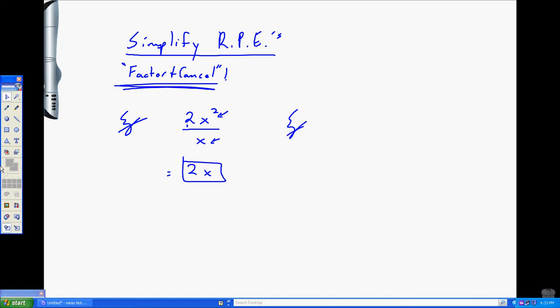Well, let's get a little bit crazy here. Let's go with 3x plus 3 all over 3. If we think we're simplifying rational polynomial expressions, and that really means to factor and cancel, I'm going to GCF, greatest common factor, a 3 out of the top, so I'll be left with 3 times x plus 1 all over 3. Now, I hope you can see that we can cancel the 3.